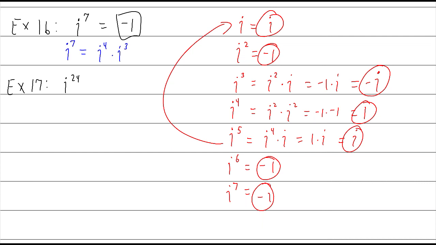The reason why I did that is because I knew that this would be 1 times i to the third. These two are the same. Every time you get i to the fourth, you can eliminate that. All right, so then I'm at i to the third. That's one I have to remember. That's -i.